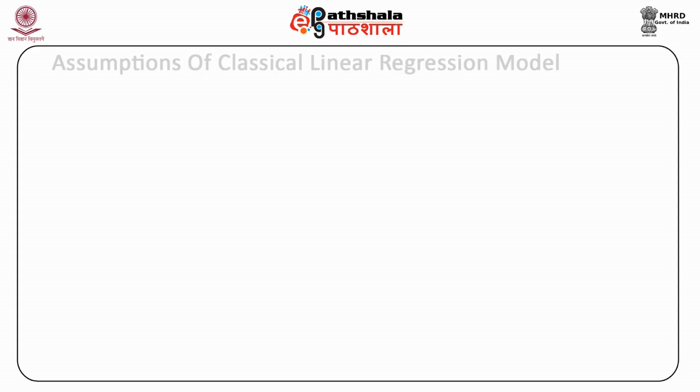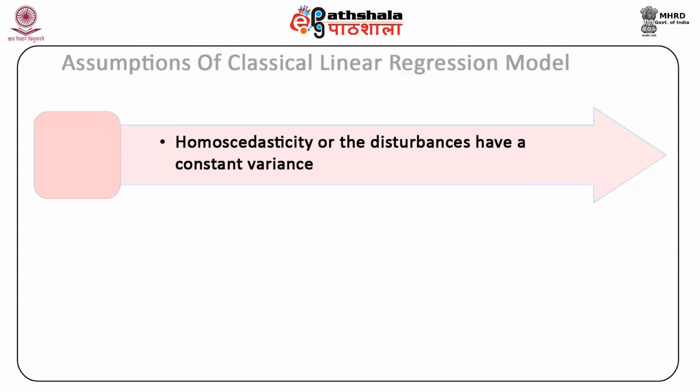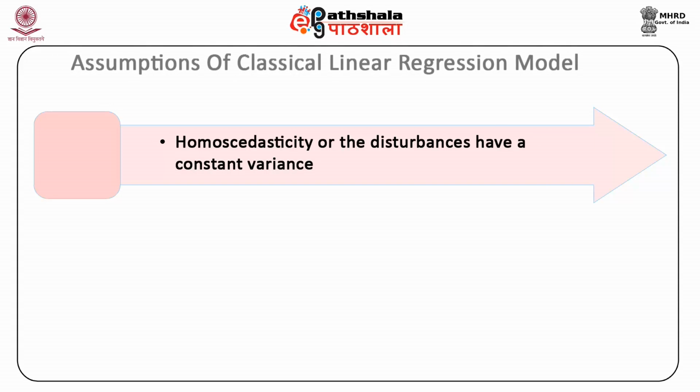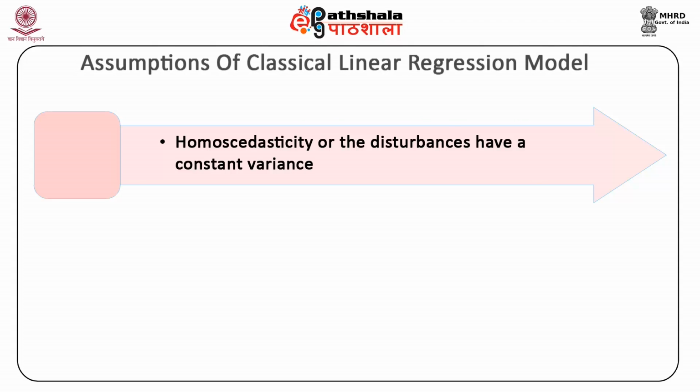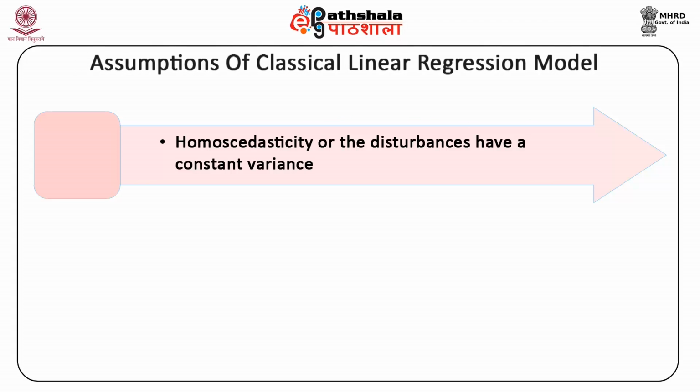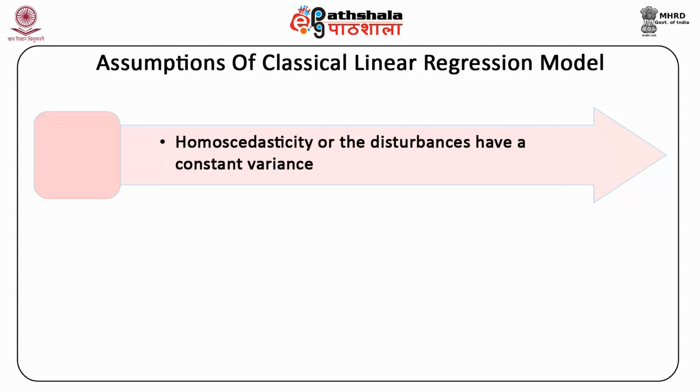Assumption 7. Homoscedasticity, or the disturbances have a constant variance. Given the value of x, the variance of ui is the same for all observations.